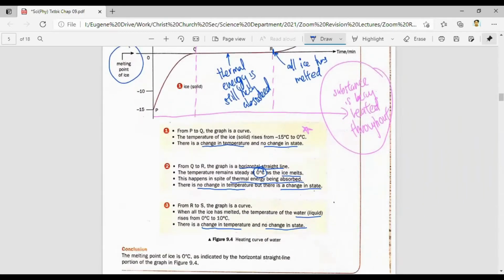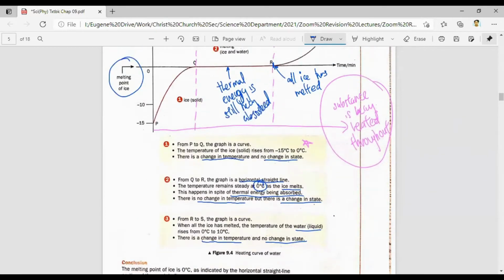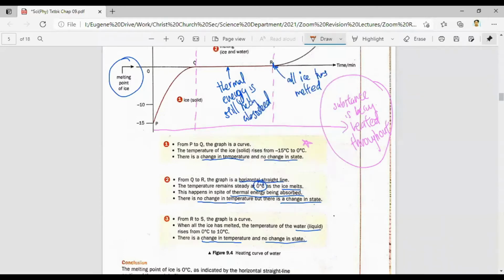Okay, so now, I've asked you all to underline all these things. What's actually happening? I need you to take note of this. Write it down carefully. Whenever there's a change in temperature, I say again, when there is a change in temp, there will be no change in state, and vice versa.